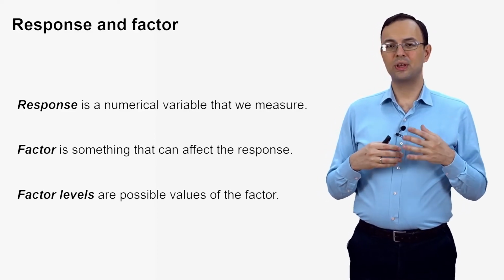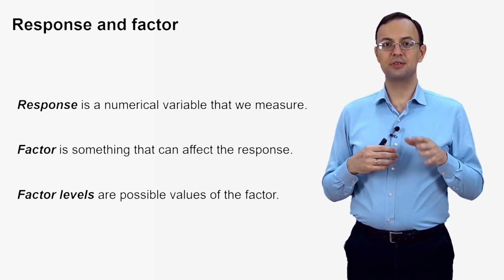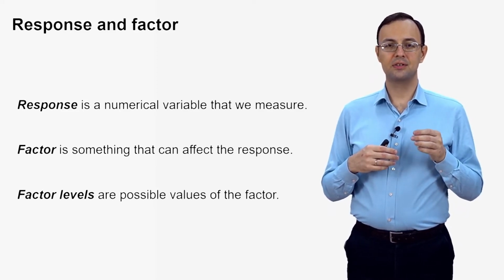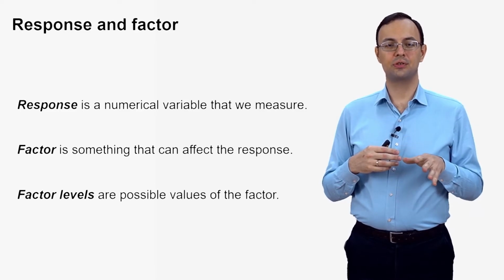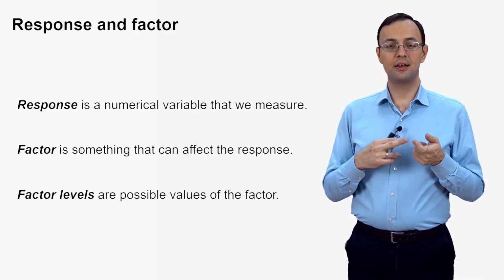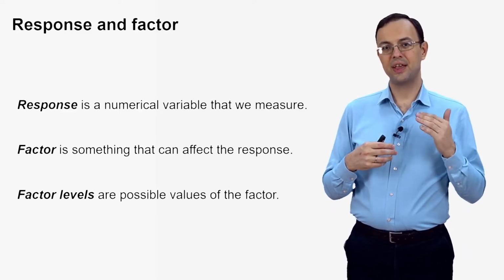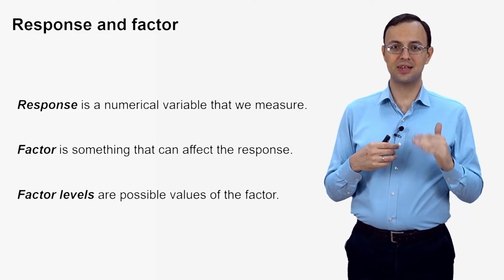For example, we can say that salary of a random person is a response, and the factor is education. And factor levels are primary, secondary, and higher education. So we have a hypothesis that education affects salary.